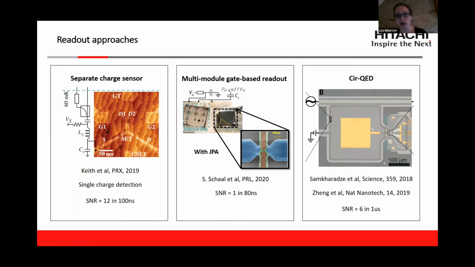Using this technique, the researchers at TU Delft achieved an SNR of 6 in 1 microsecond. And my talk is going to discuss how we've combined these last two techniques. So we use a multi-module based system and perform circuit QED style measurements.